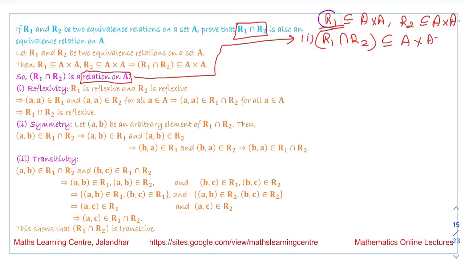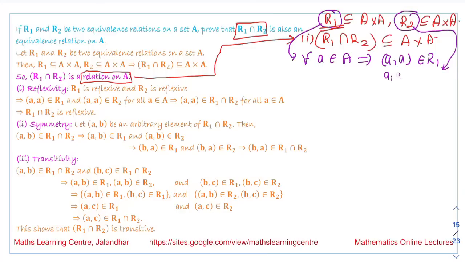Now if R1 is an equivalence relation, then for all a belongs to A, this implies that (a, a) belongs to R1. R2 is also an equivalence relation, so it is also reflexive. It means (a, a) belongs to R2. For all a belongs to A, (a, a) belongs to R1 and (a, a) belongs to R2, because both of these are reflexive.